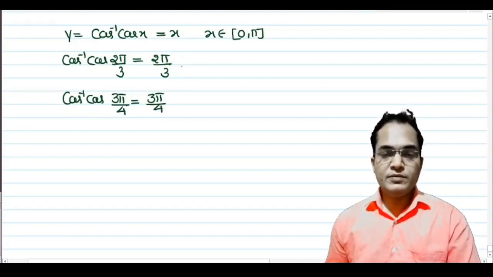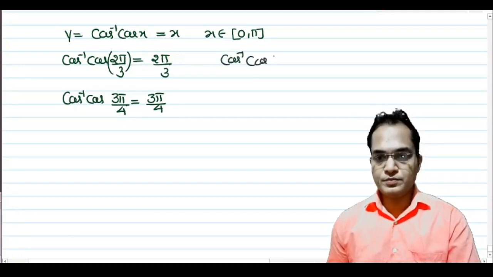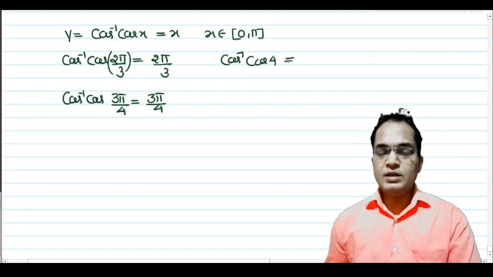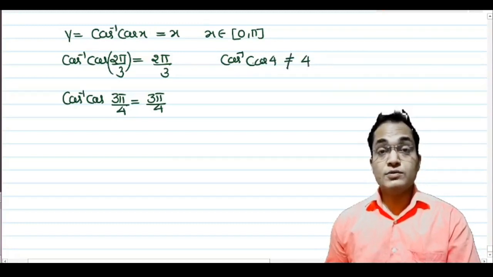What happens if the angle increases beyond pi? For example, cos inverse cos 4. Then is it 4? No, it is not 4. Then what will be the value of cos inverse cos 4?